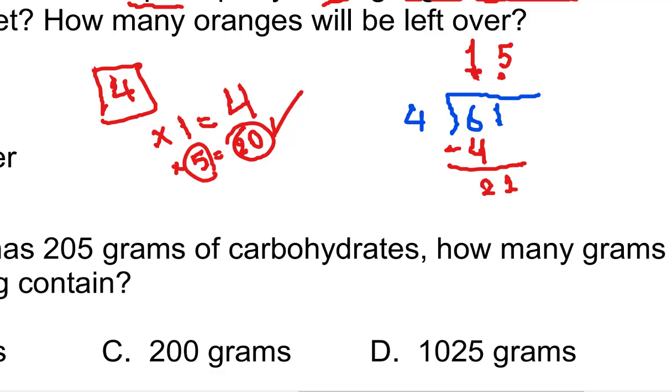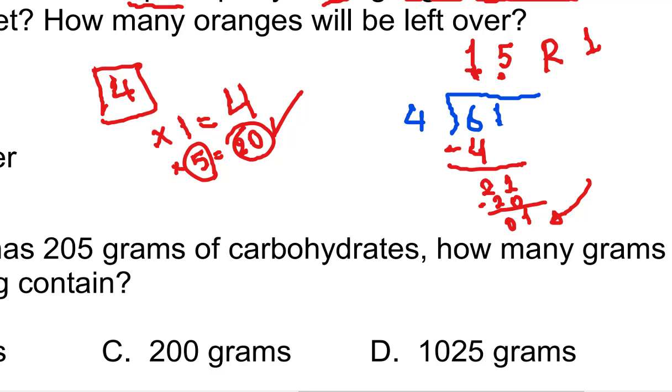We write the 5 on top and 20 down, and we subtract. 1 minus 0 is 1, and 2 minus 2 is 0. We need to write the remainder on top with the quotient. The remainder is 1.